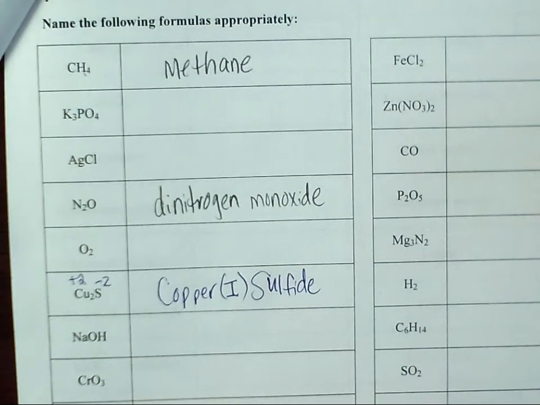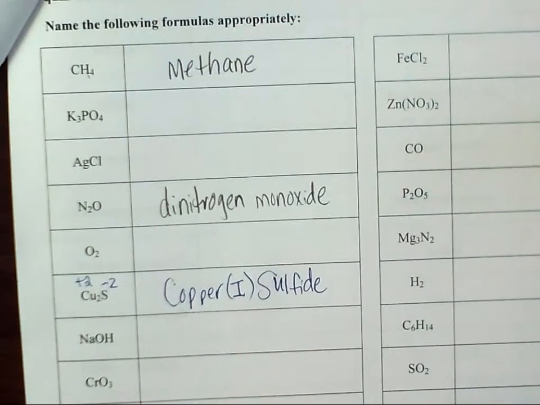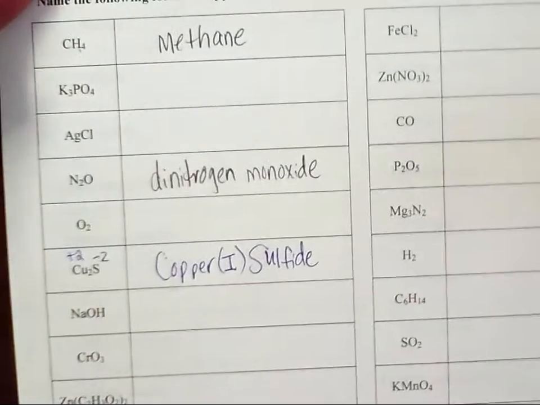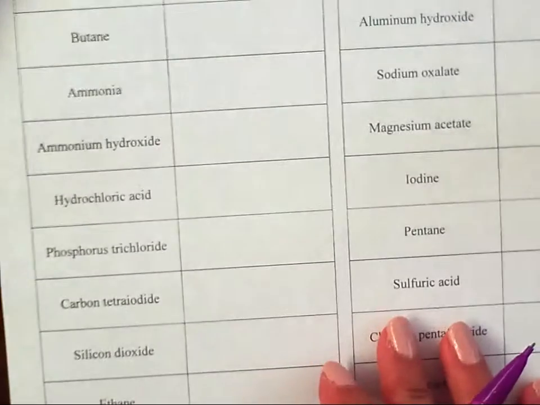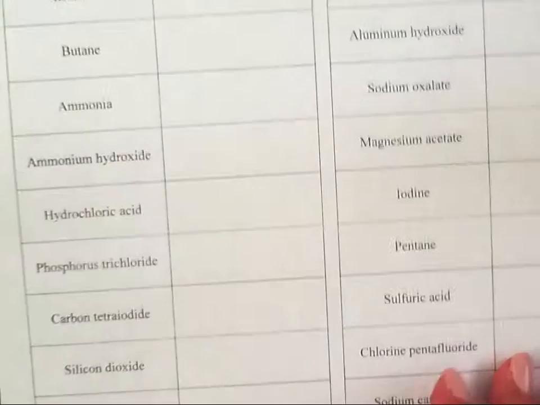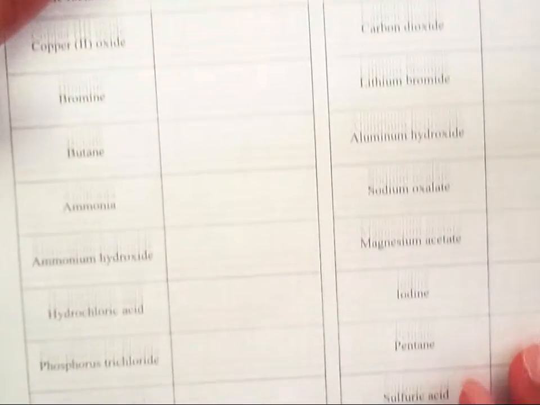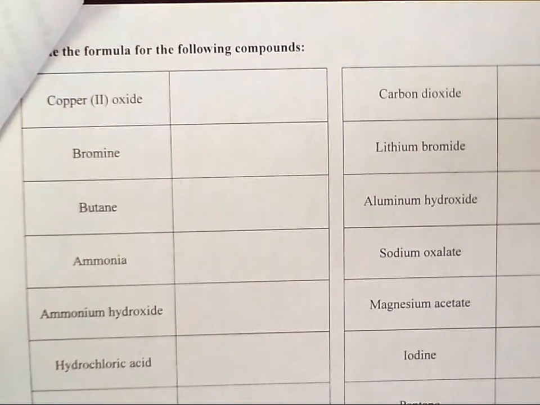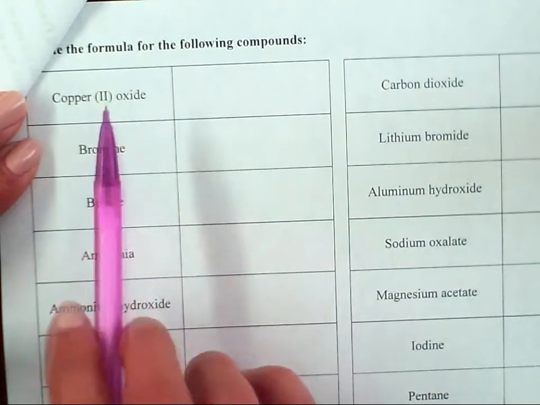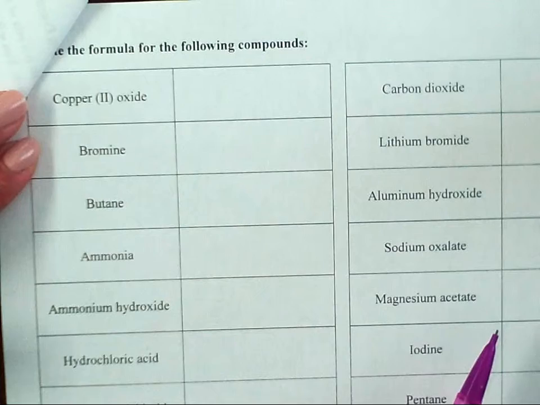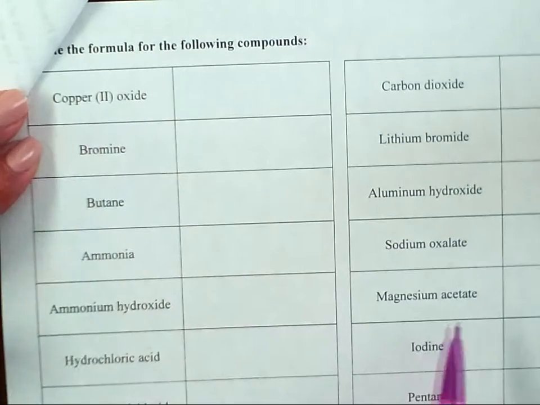Okay, now the other way that you will need to know these is if I were to give you the name of it, and you have to determine the compound. Okay, so if we have copper 2 oxide, we can see that it's a transition metal, meaning that the charge will change.